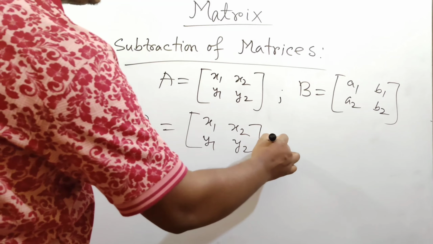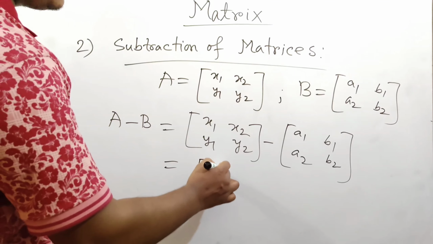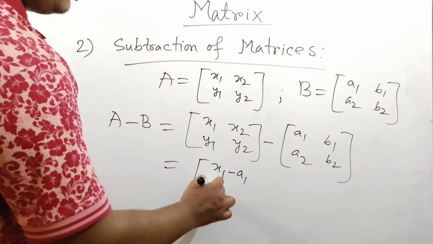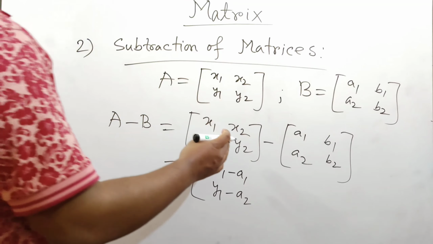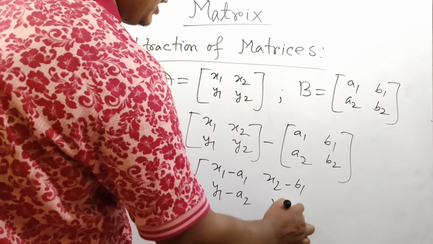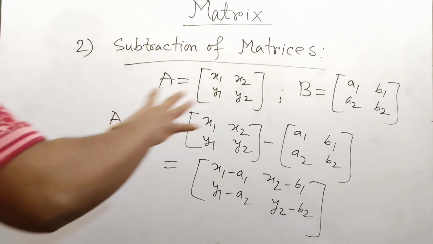Here you just subtract the first column of the second matrix from the first column of the first matrix, that is x1 minus a1, y1 minus a2, and the same for the second column, x2 minus b1, y2 minus b2. So in that way you can easily subtract two matrices.